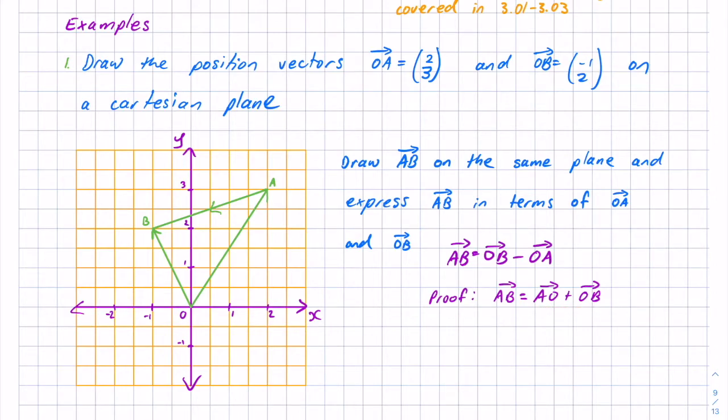But you can also think of it as AB plus, or in this case minus, the negative of OA. So the negative of OA is AO. Now, I am trying to prove that, so I'm going backwards. Changing AO to negative OA, switching the order of them, there's the proof of that. So you can think of it in lots of different roundabout ways.